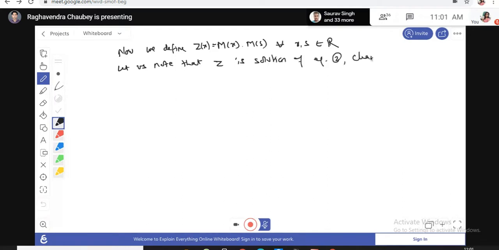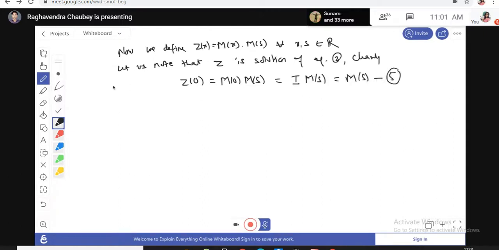Clearly, what is the value of z(0)? You have to find it, and already u(0); if these two are the same, then you can say it is the unique solution. z(0) is M0 times M(s), and M0 is the identity matrix, it is given, so this is simply M(s). So this is equation number 5.